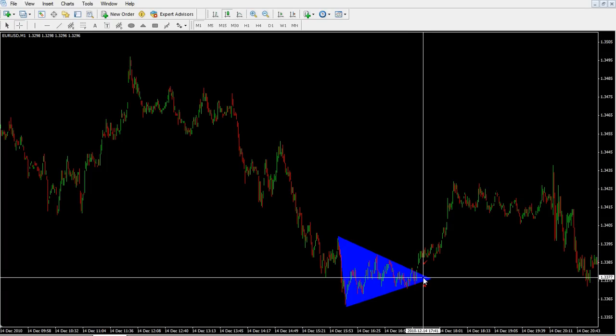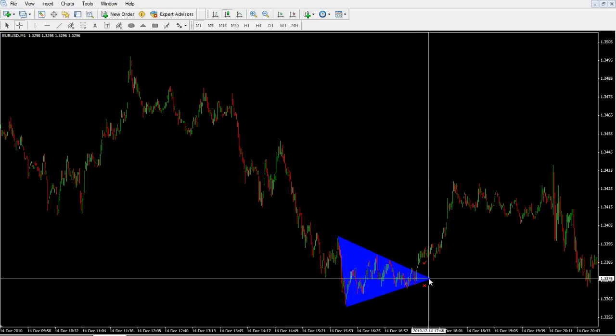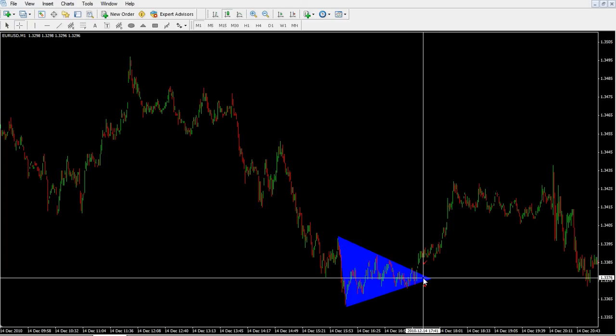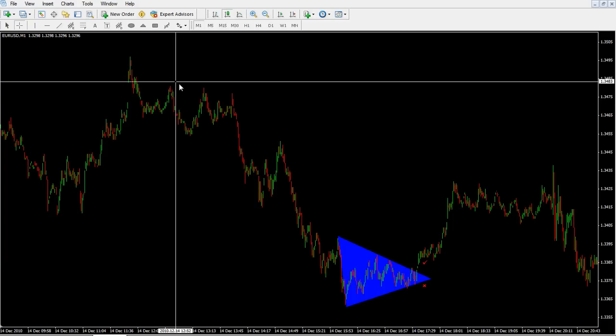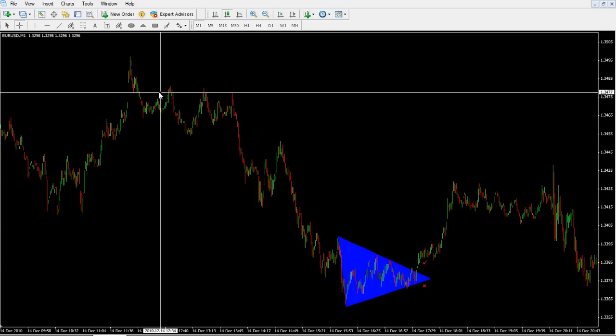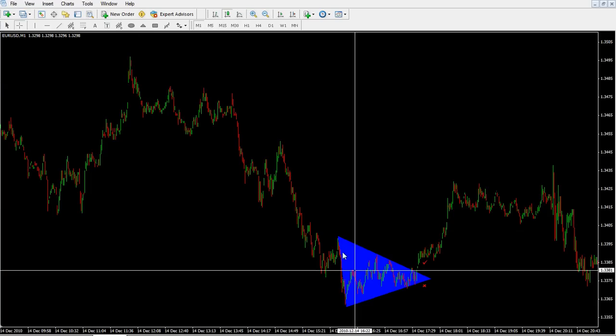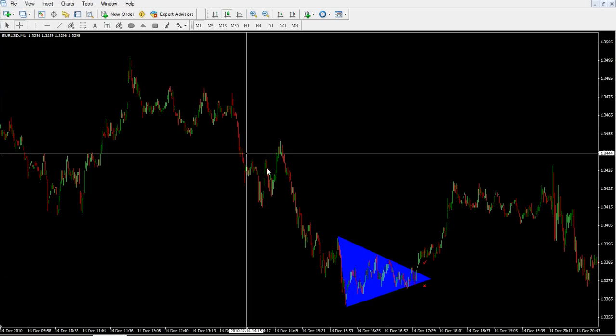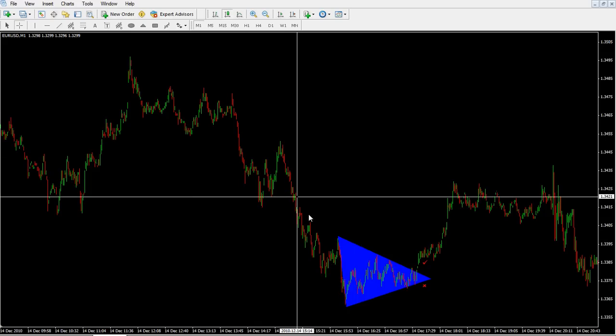And you see, this point was at the end of the European session. So we had the whole day, or most of the day, of short positions coming into the market during the European day.